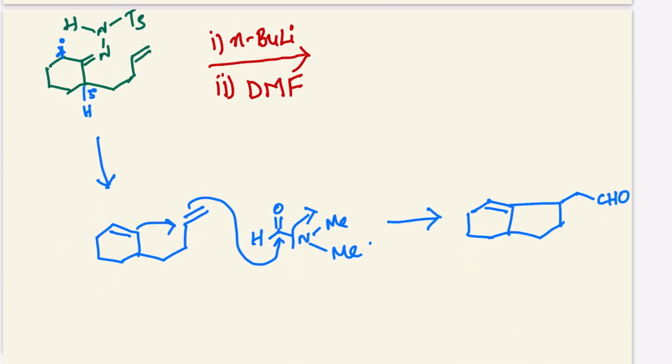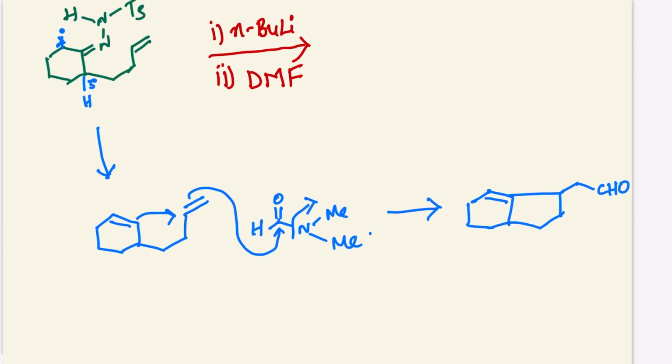This is one more question where we have a tosyl hydrazone. In this tosyl hydrazone, there are two possibilities for the alpha hydrogen. This is one and this is the second one.